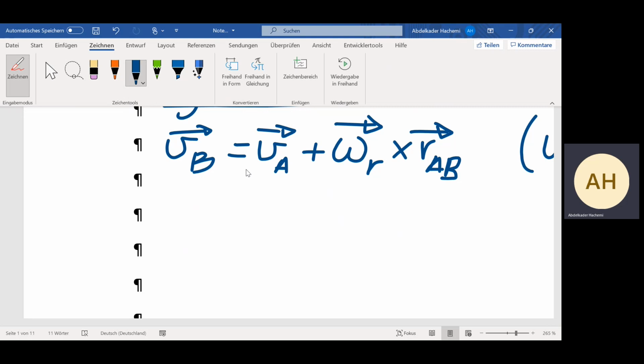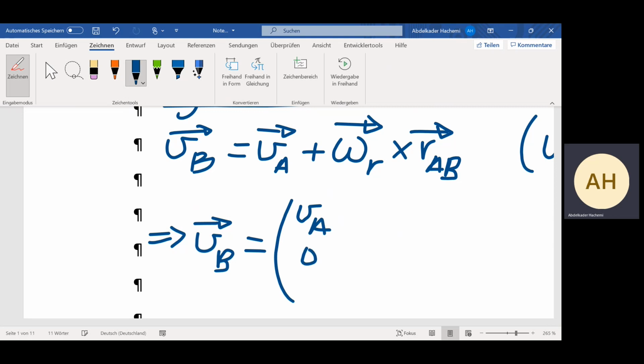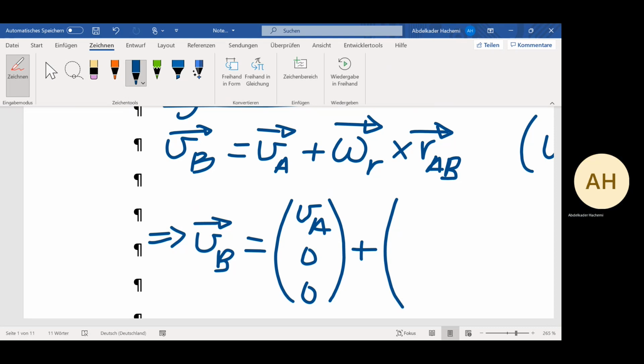Then we can write equivalently VB is equal to VA, with its magnitude given along the X direction, Y direction is 0, Z direction is 0, plus omega R, which we assume is positive in the Z direction.